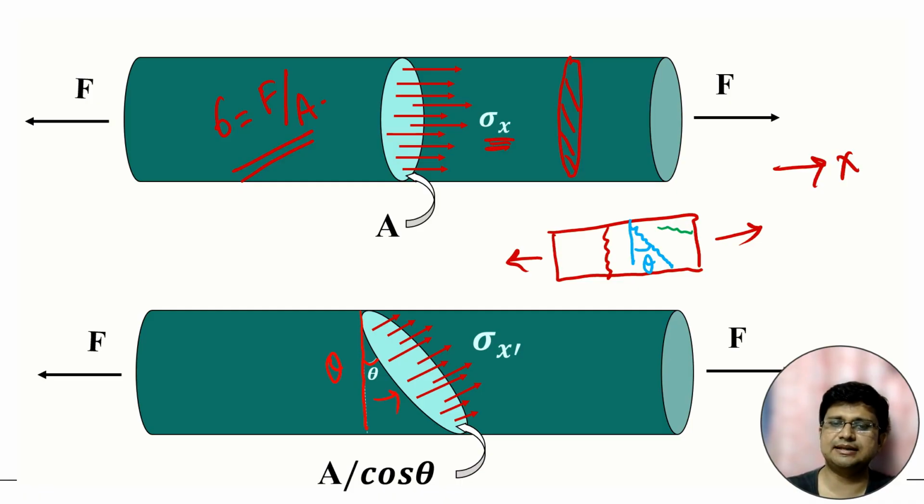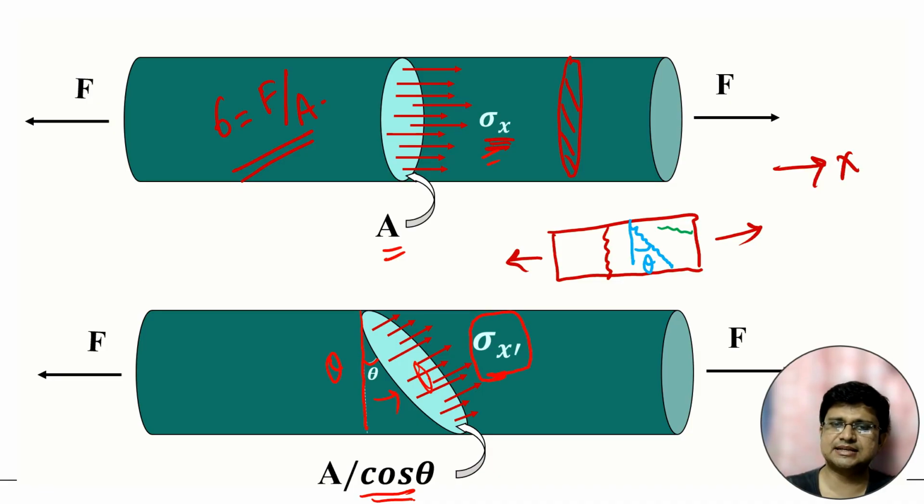the cross-sectional area is not A. It is A by cos theta. So this particular area is more than A, and here also the stress will be different. If this particular stress is more than sigma x, then obviously it can be more critical for a particular condition. So we have to know for which particular angle the normal stress or shear stress will be maximum.